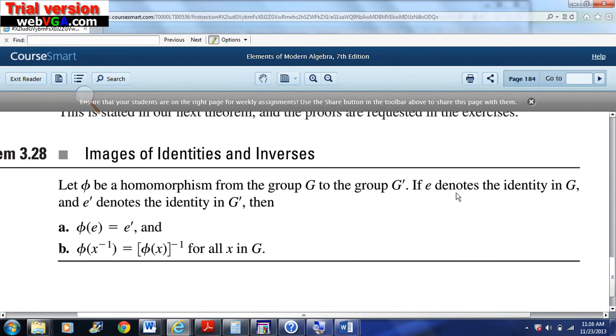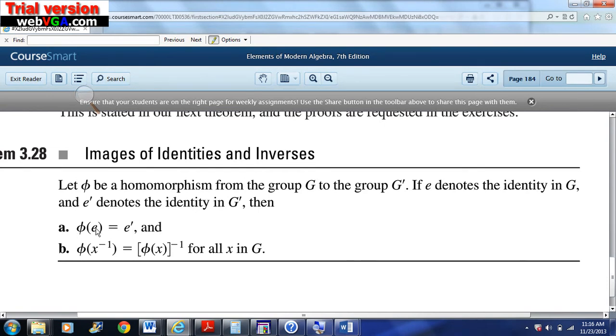If E represents the identity element in G and E prime denotes the identity element in G prime, then phi of E is equal to E prime, and phi of X inverse is equal to the inverse of phi of X for all X in G. So X comes from G, the group that you're mapping from. And E comes from G, the group that you're mapping from.